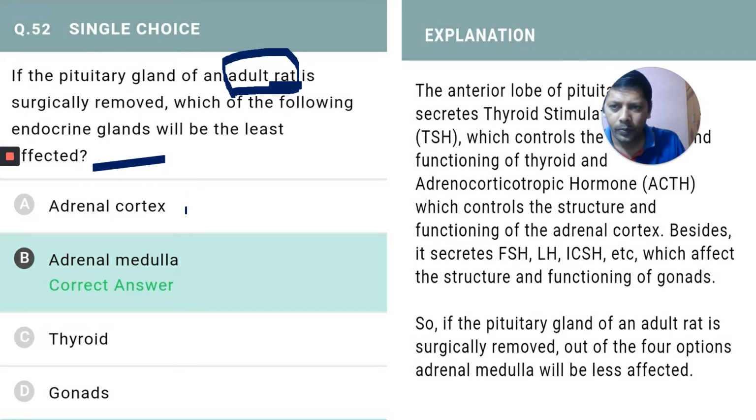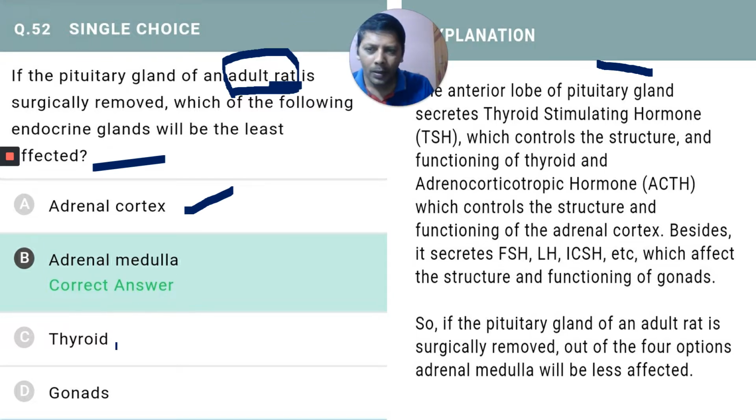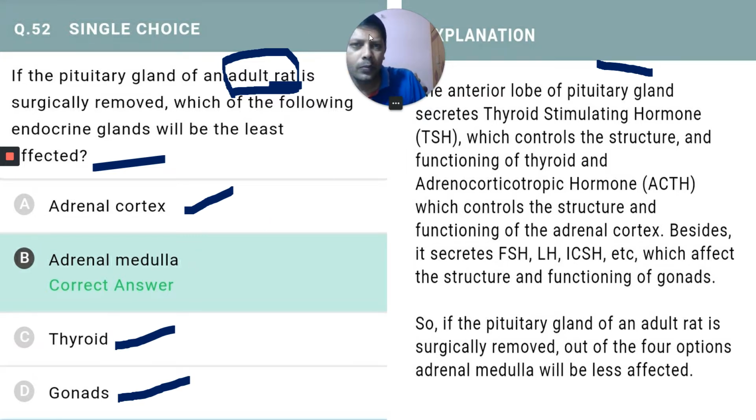The adrenal cortex is affected. Thyroid gland is affected. Gonads are affected. The least affected one is the adrenal medulla. Let us see the reason for that.